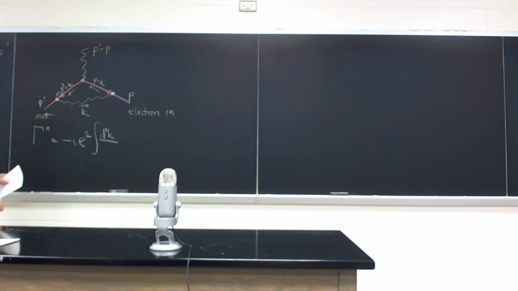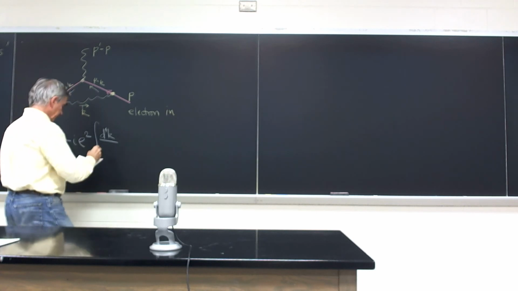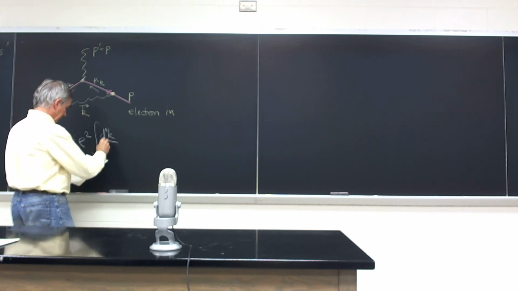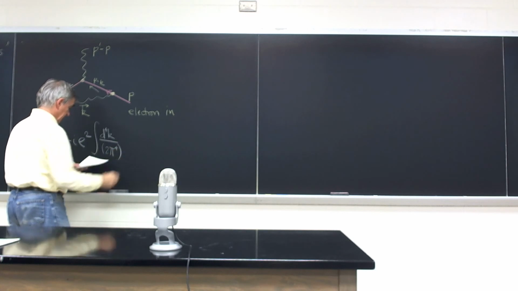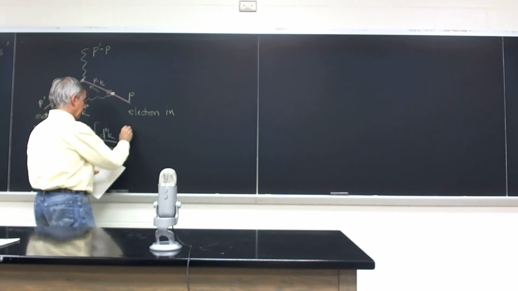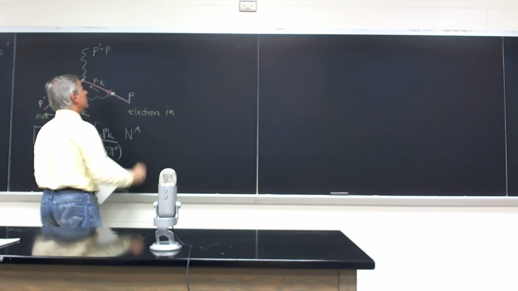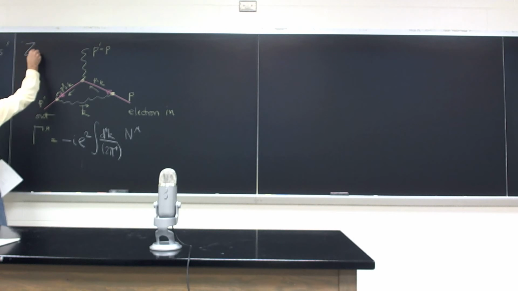And the only thing that varies is the momentum of the photon. There is one internal degree of freedom that has to be summed over. And I'll break it up.